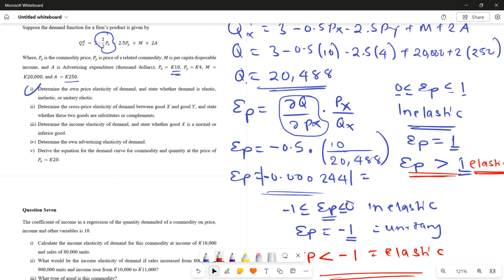So now, looking at our answer, determine the price elasticity of demand and state whether demand is elastic, inelastic, or unitary. Well, we've seen that this answer is between, in absolute terms, right? Is between 0 and 1, which means that demand is inelastic. So demand for good X is inelastic.